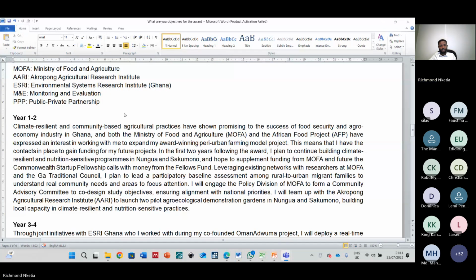Yeah. So climate resilient and community-based agricultural practices have shown promise to the success of food security and the agroeconomy industry in Ghana. And both the Ministry of Food and Agriculture and African Food Projects have expressed an interest in working with me to expand my award-winning peri-urban farming model project.